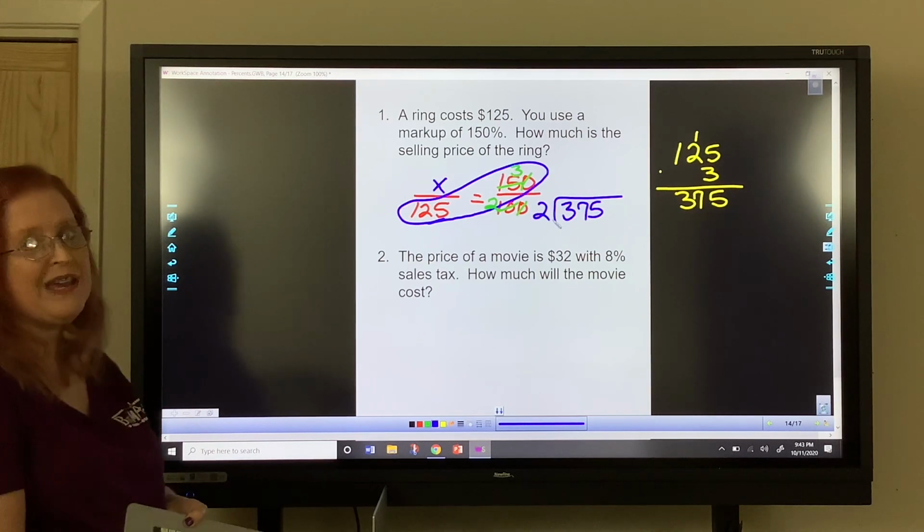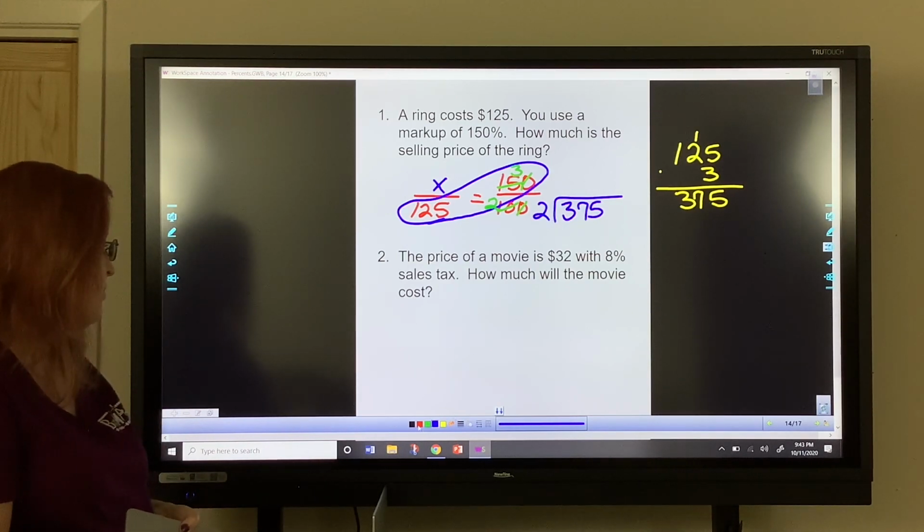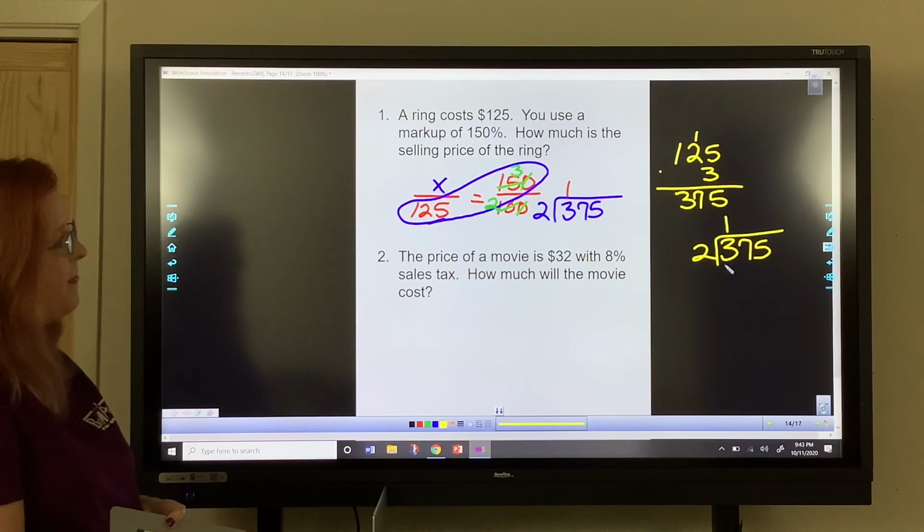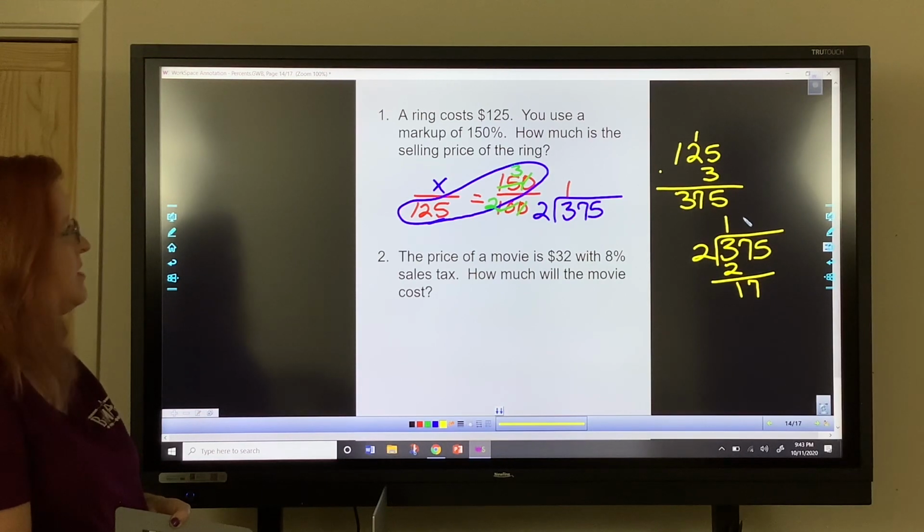And so either way, it's up to you. I like working with the smaller numbers. That's going to give me 1, and I'm going to run out of room. So we're going to write it over here. Divide by 2. It's going to give me 1. 2 into 17 is 8. So that's going to subtract and give me 15. 7.